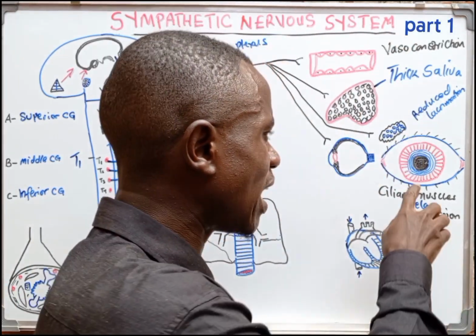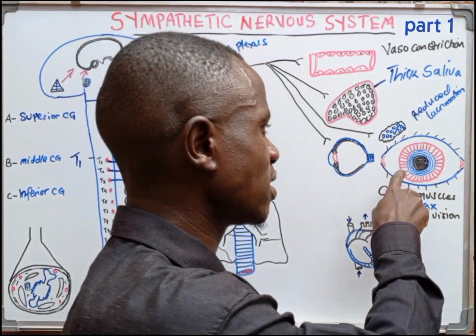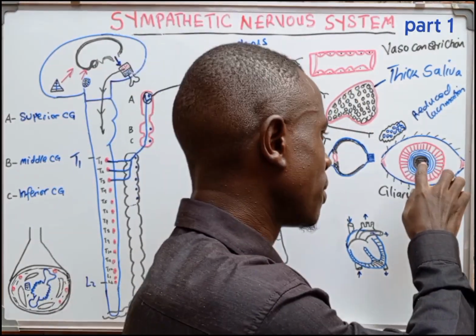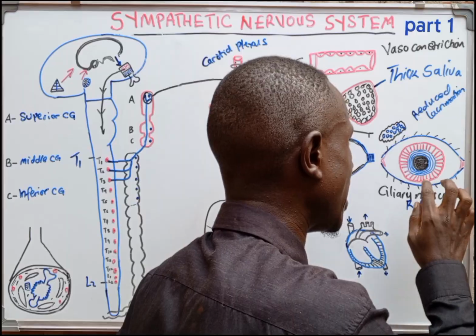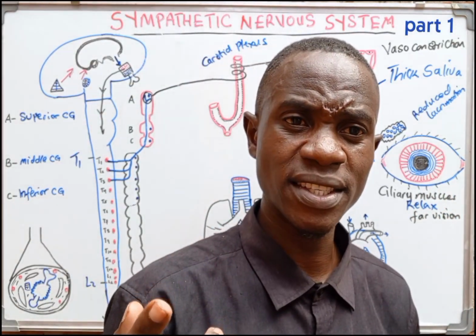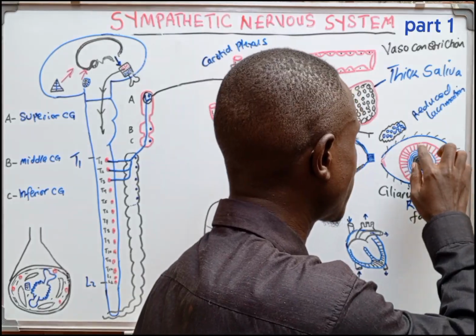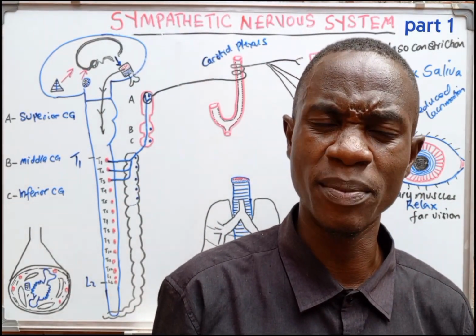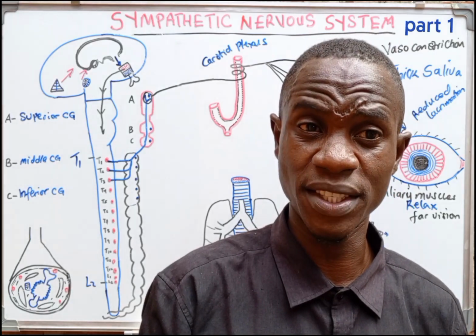We don't have the effect of our sympathetic nervous system on the sphincter muscles. The dilator pupillae is under the effect of the sympathetic nervous system, while the sphincter pupillae is more under the parasympathetic nervous system. This is the differentiating feature.